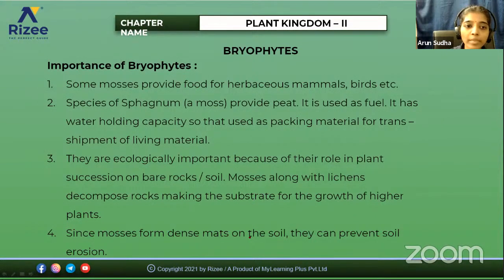Now I'll see about the importance of bryophytes. Some mosses provide food for herbaceous mammals and birds. Species of sphagnum, a moss, provide peat. Sphagnum is also called peat moss.